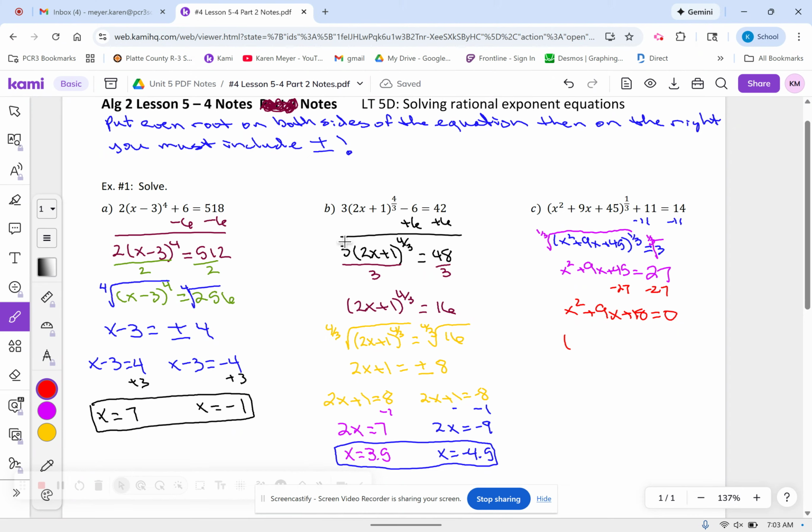What multiplies for 18 that adds for 9? And that would be x plus 6 and x plus 3. And then remember, when you're solving, you switch your signs. So x equals -6 and x equals -3. And you have your two answers and you are done.